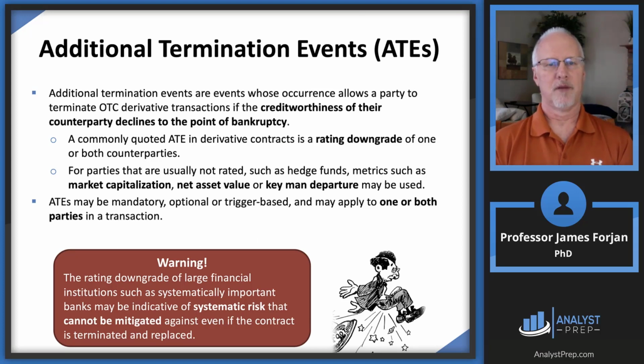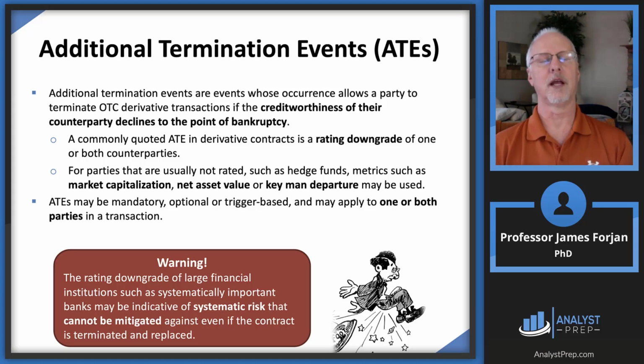Now, there are a couple of additional termination events, ATEs, and these depend on things like maybe a ratings downgrade that depend on creditworthiness. And these are for institutions that have ratings by Moody's, but lots of institutions don't have ratings, like a hedge fund or maybe even a pension fund.